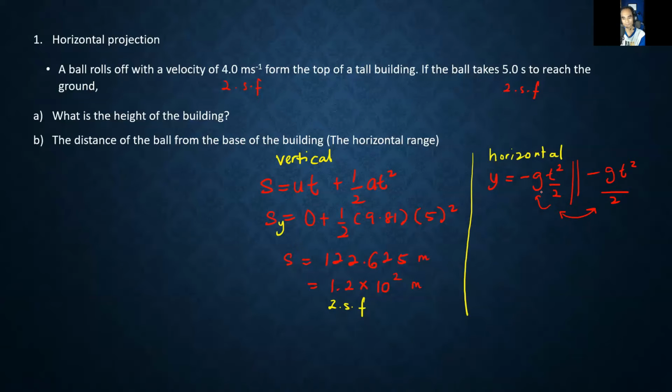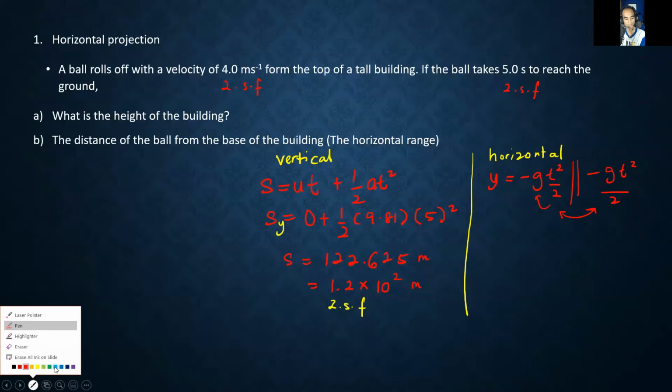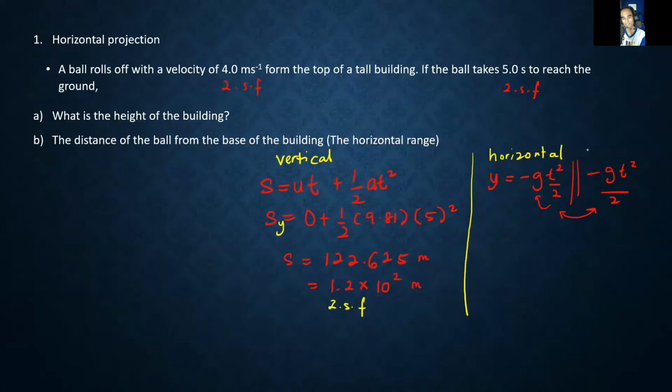So what will be the answer? Okay, first of all, I have to say that this is wrong. First, in horizontal. Anyone here in the class who knows what is wrong with this? The first working, the first step. Anyone here knows what is wrong? Put it in the chat also can.